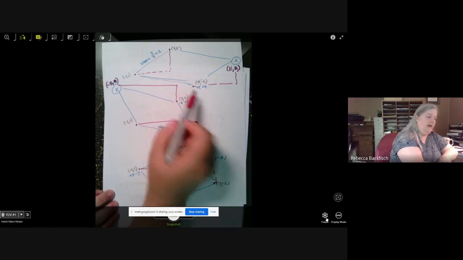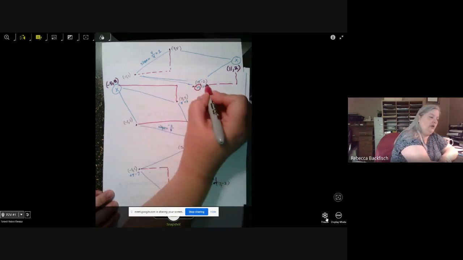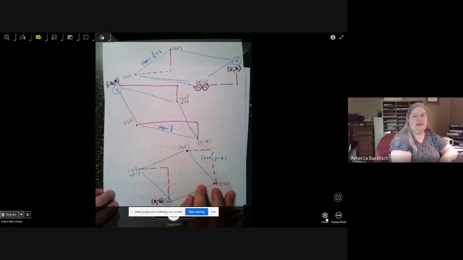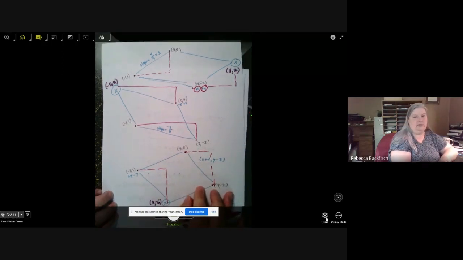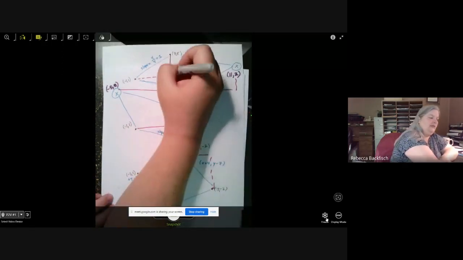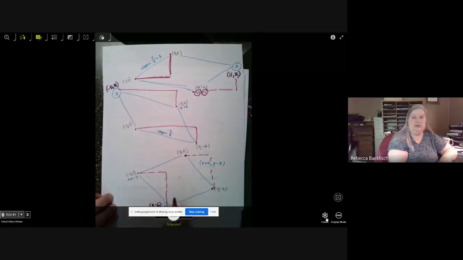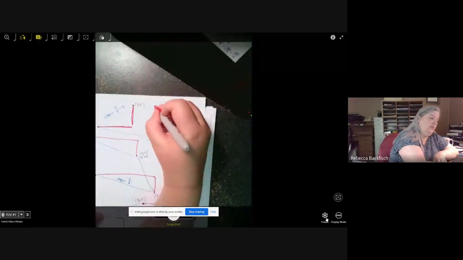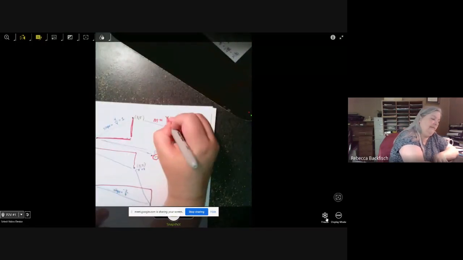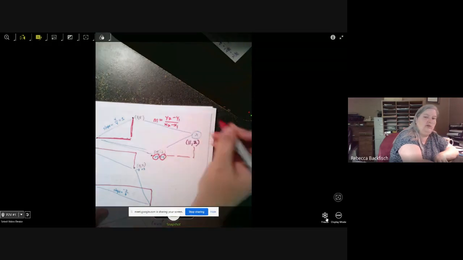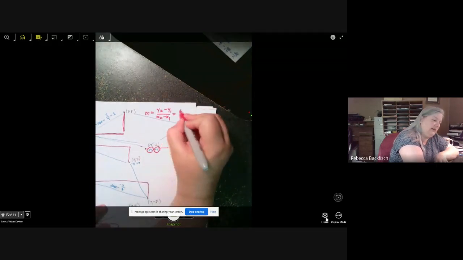But when we think about the numbers we use for slope and the numbers we use for distance, really they're the same numbers. We need to know the difference in the verticals, and we need to know the difference in the horizontals. So we can use that to find slope, or we can use that to find distance. When we do slope, this is the difference in the verticals, and there's the difference in the horizontals, which sometimes, like in physics, we write as change in y over change in x.